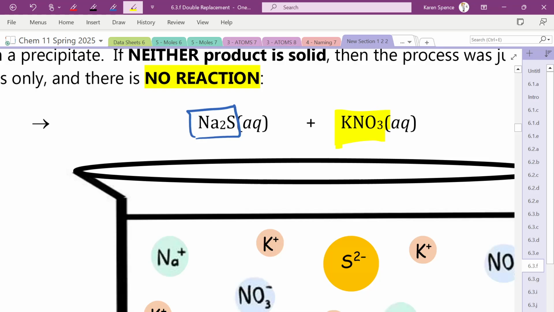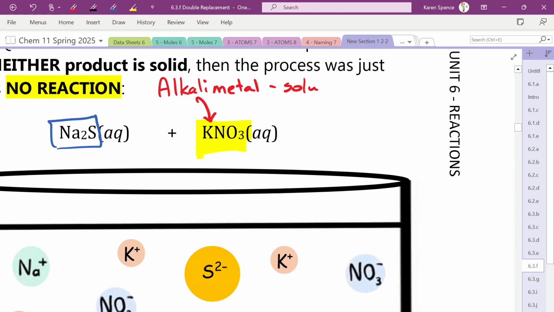KNO3, I don't even need to look that one up because what kind of a metal is K? Alkali metal. And alkali metals are soluble with everything.